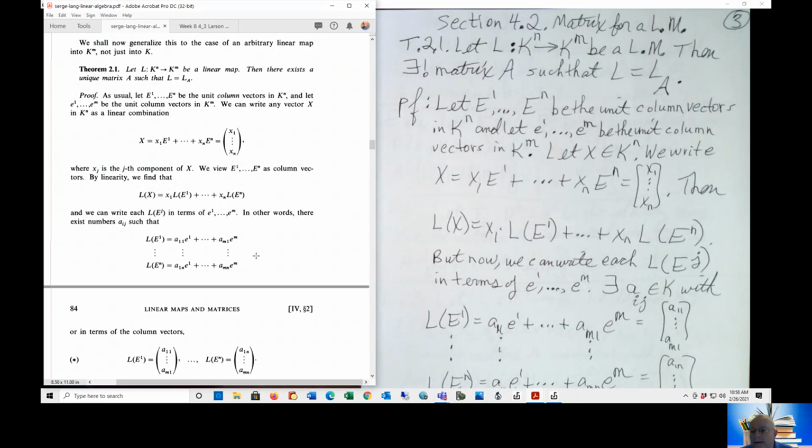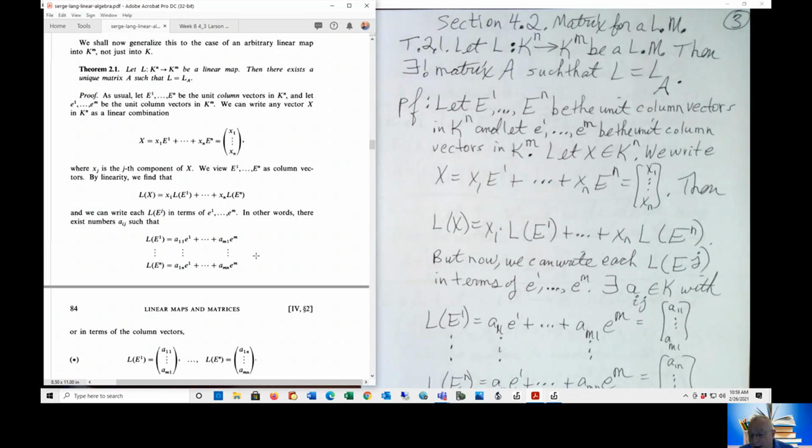All right, now let x be a vector in Kn, all right? So we know that it can be written as a linear combination of the capital E sub 1 through n. And so you have x is x1 e1 plus dot dot dot plus xn e superscript n.